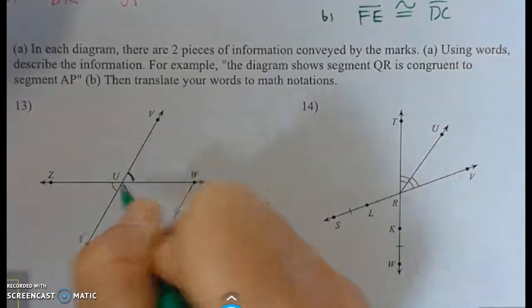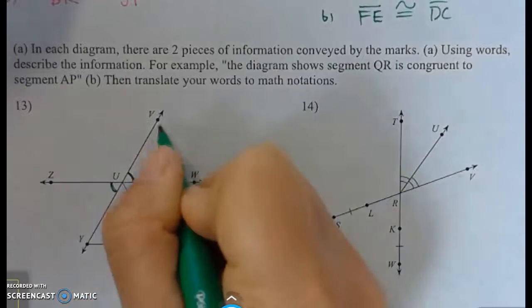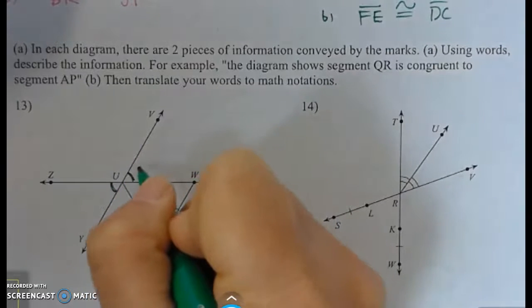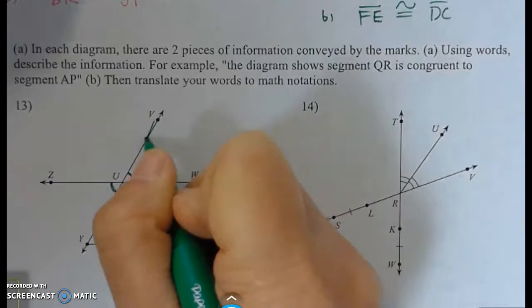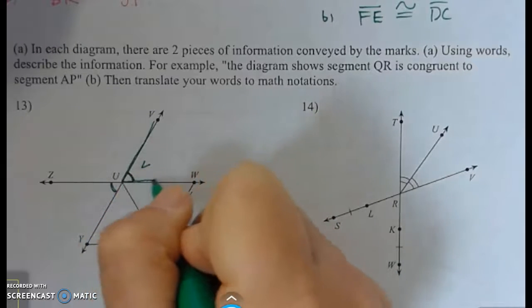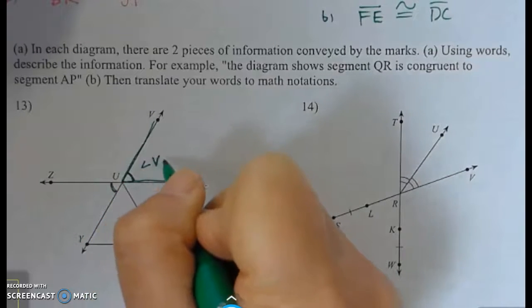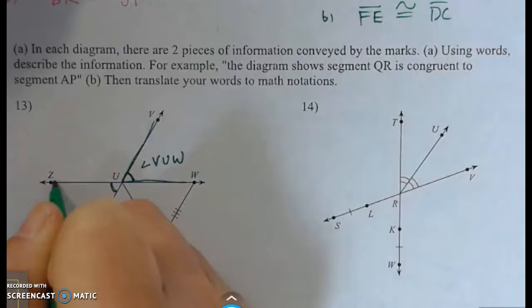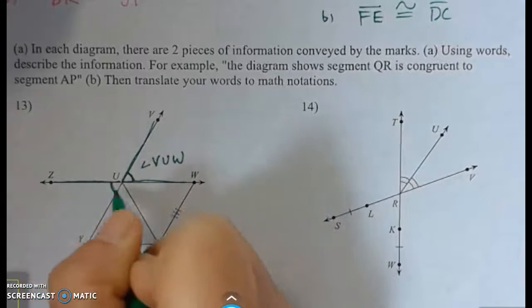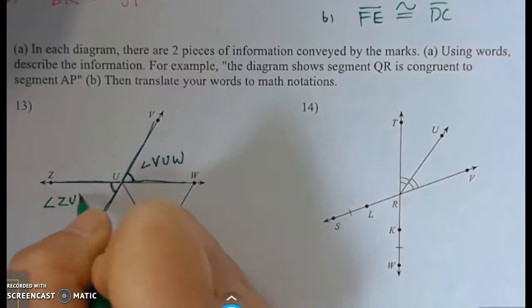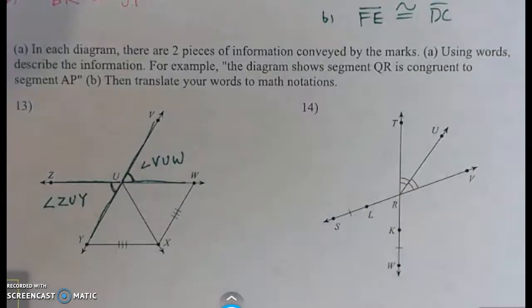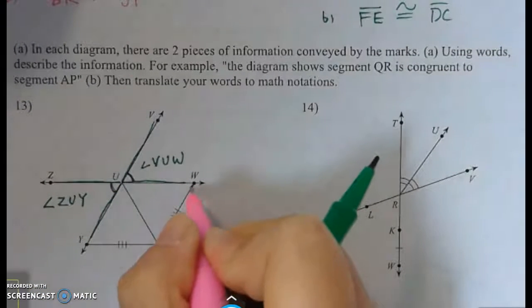Okay, so we have angles that are the same. So angle, what do we call this? We need to use the arms, so it's V to U to W, right? So angle VUW, and this arm will be Z to U to Y, so angle ZUY. Okay, and what about the two sides?